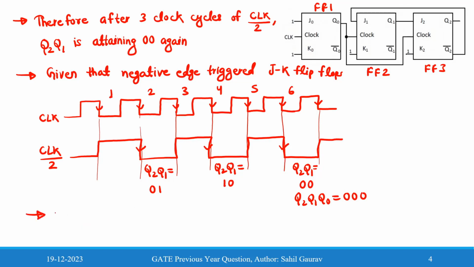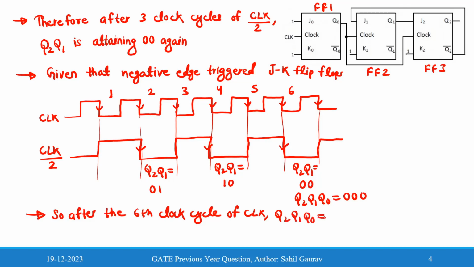So you can write one point: after the sixth clock cycle of CLK, Q2, Q1, Q0 return to 0, and Q0 is always 0, so you have to take care of Q2, Q1.